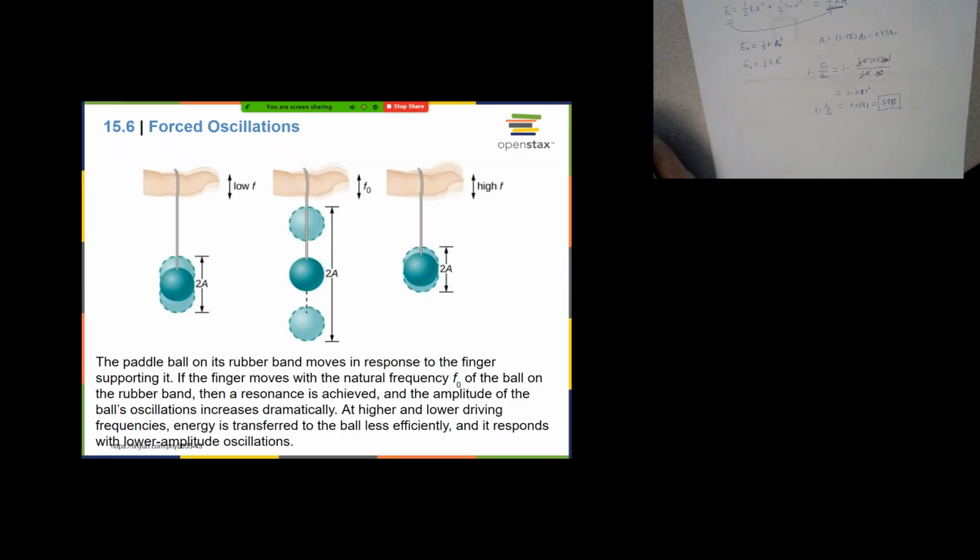If it happens to equal the natural frequency of the oscillator, then the amplitude will be amplified largely. In the other two scenarios, if you have a lower or higher frequency, then the amplitude will not change too much.